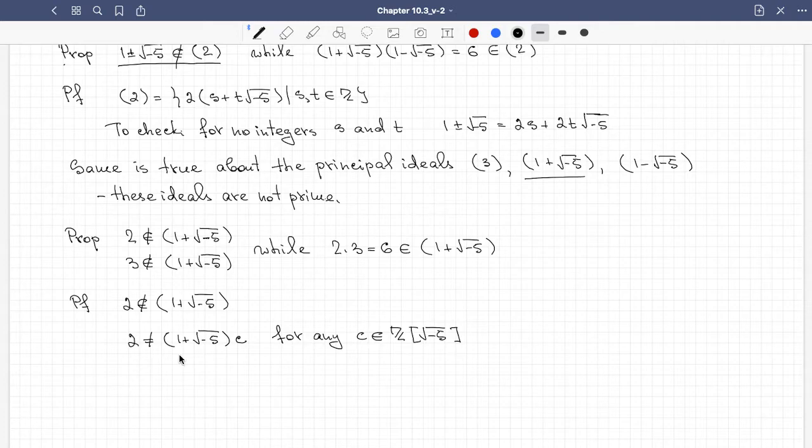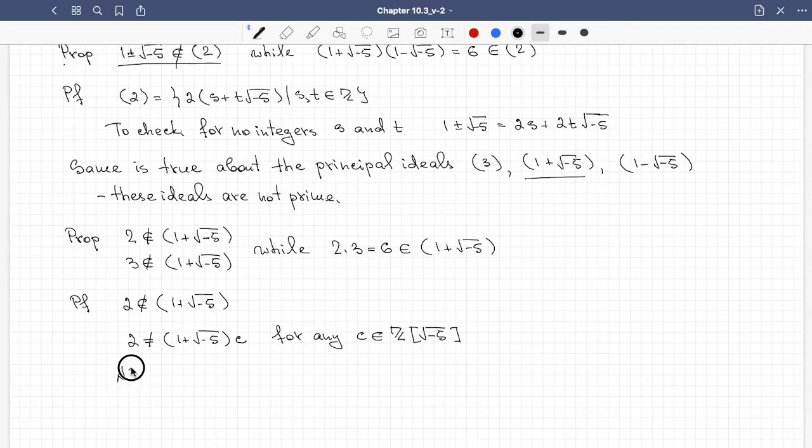In order to check that, it suffices to check that the norm of 2 is not equal to the norm of this element times the norm of any element from this ring.